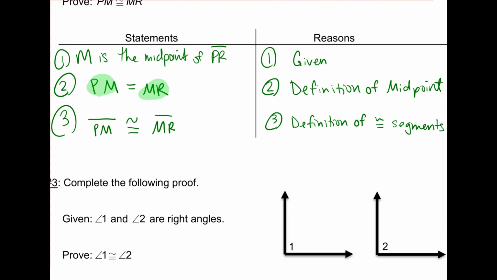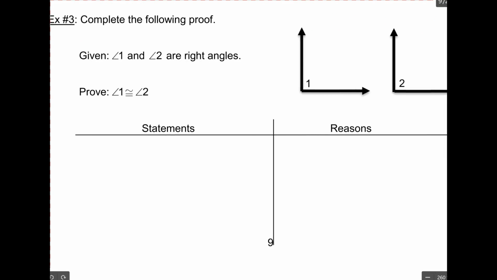So now we're going to complete this proof. Given that angle 1 and angle 2 are right angles, let's prove that they are congruent. So what's the first thing we want to do whenever we write a proof? First step is we always write the given. The first thing we always write in a proof is the given.